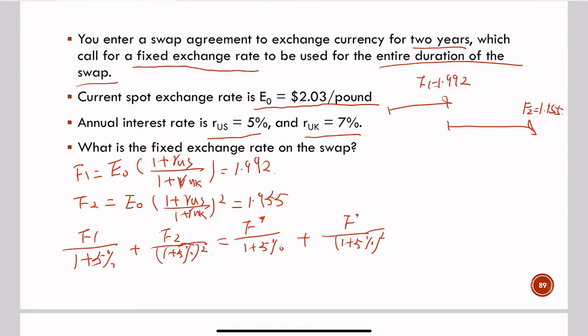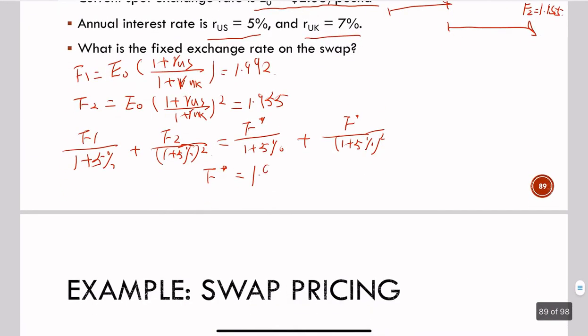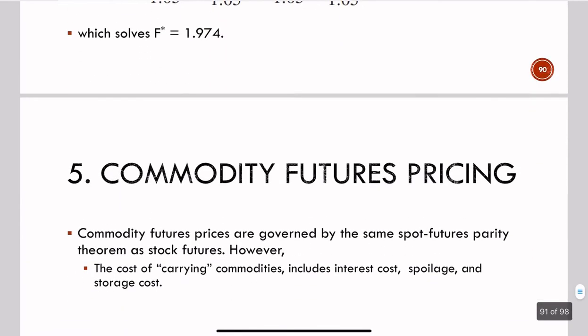And then plug in numbers, plug in F1 and F2, you can solve for F star, which is given by 1.974. Okay, I still have several pages left, so let's talk about this in the next lecture.